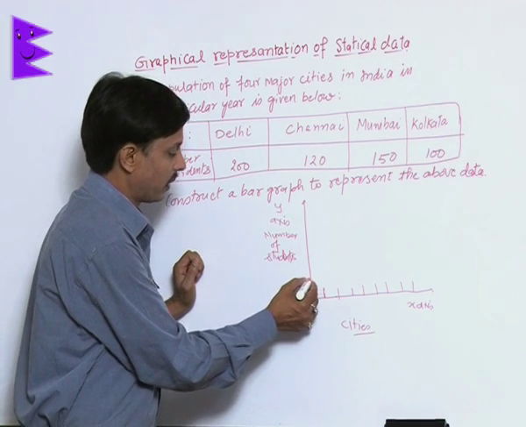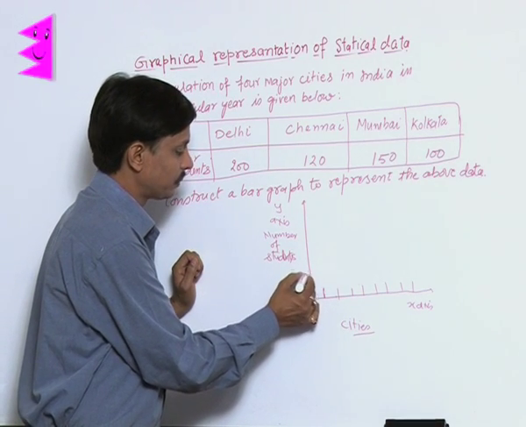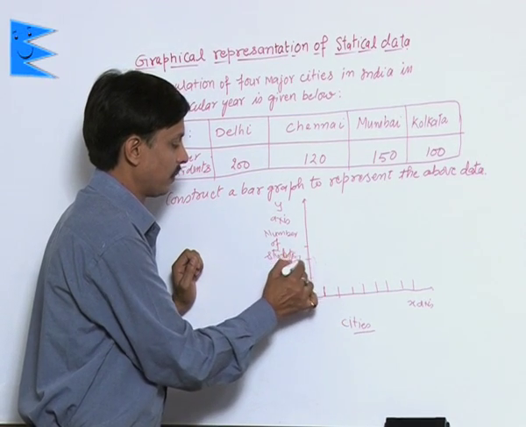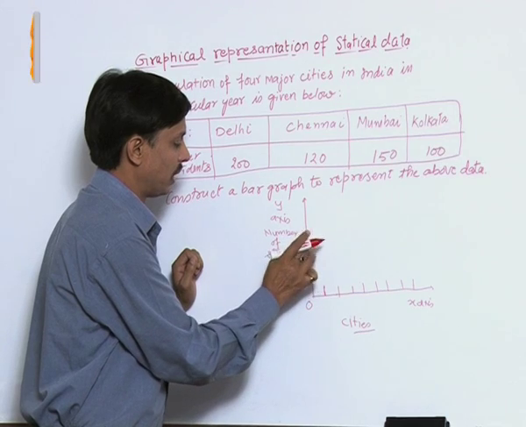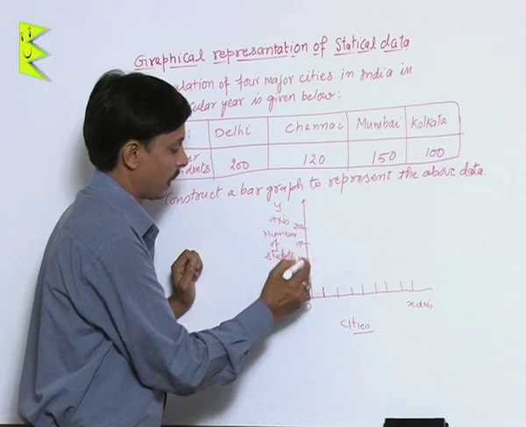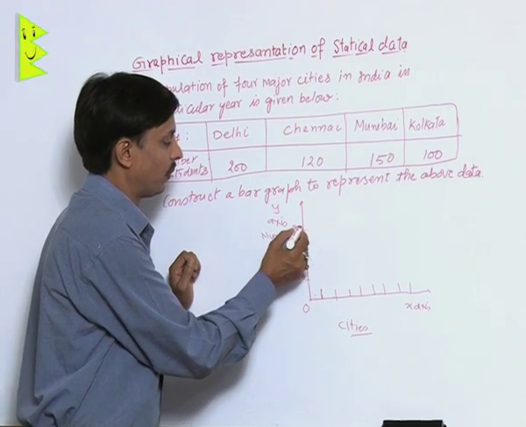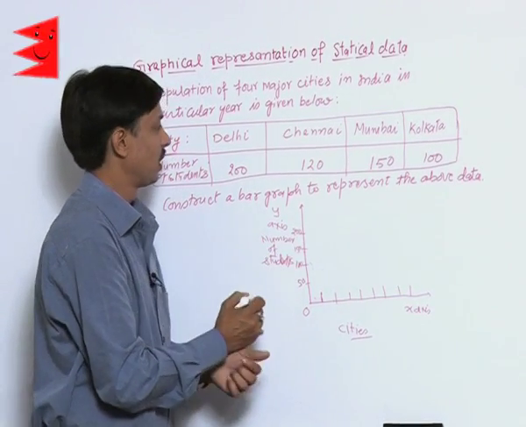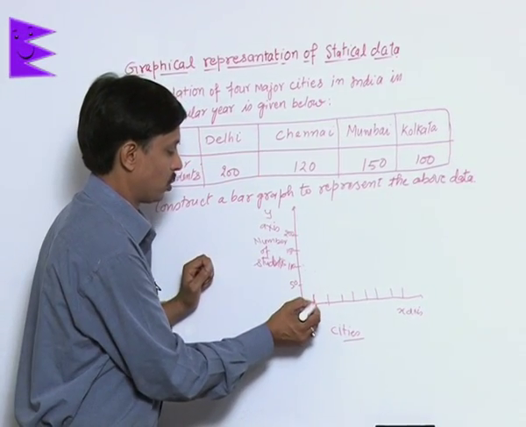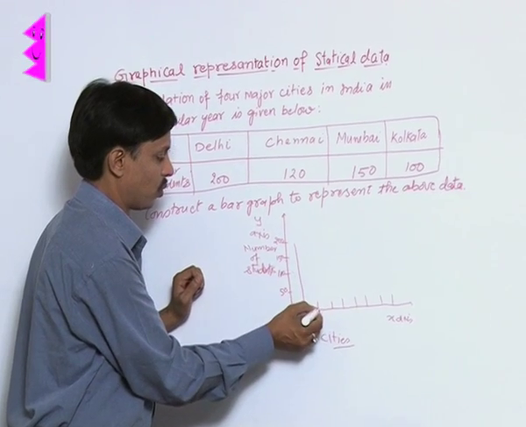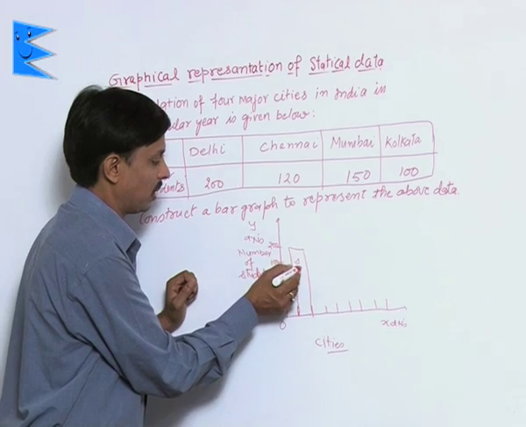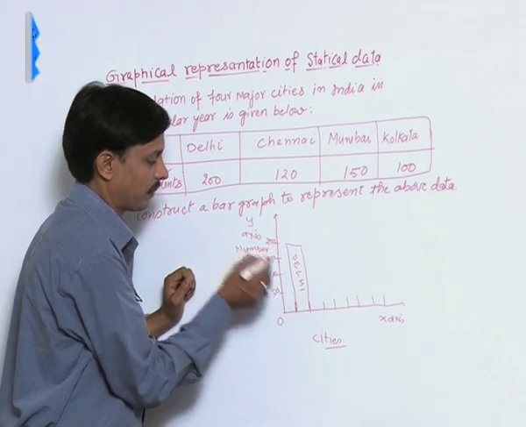So I can take, suppose this is 50, this is 100, at equal distance this is 150 and next is 200. Delhi's bar goes to 200, so this bar goes up to 200 and represents Delhi.